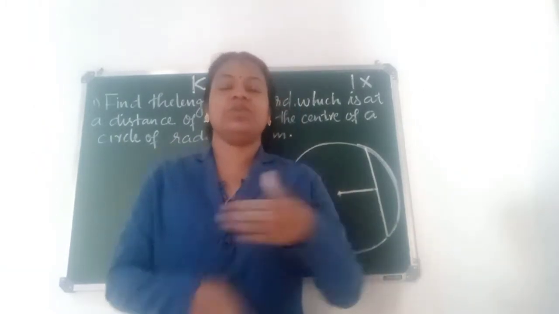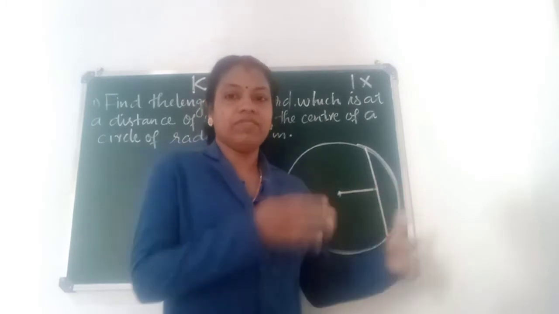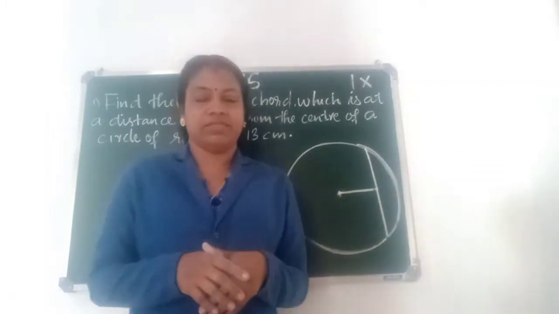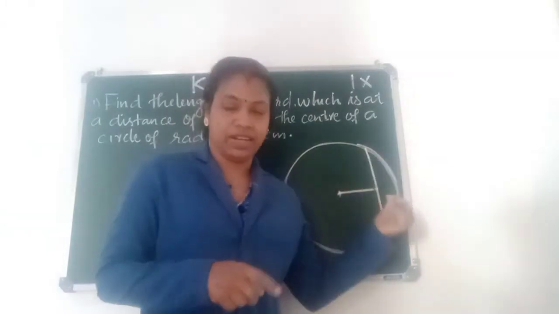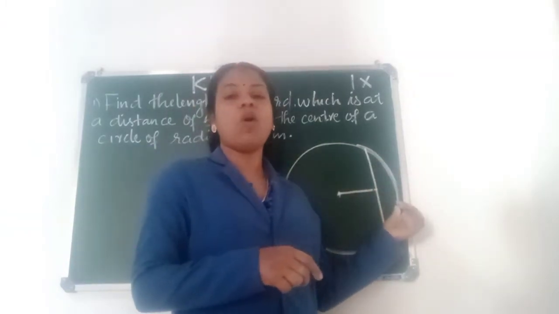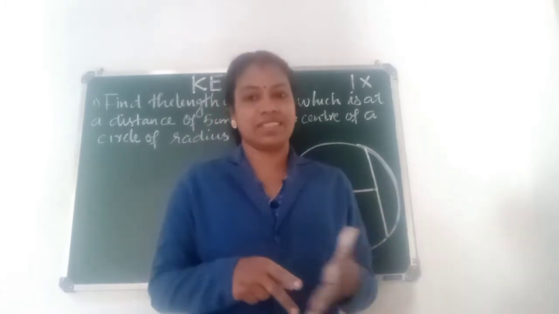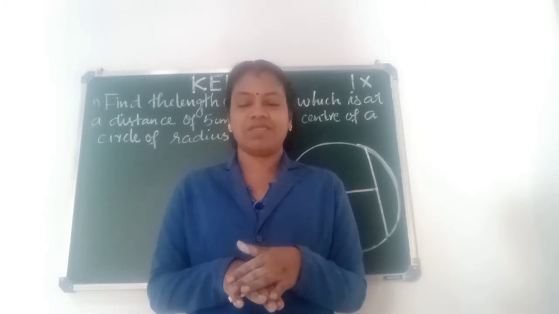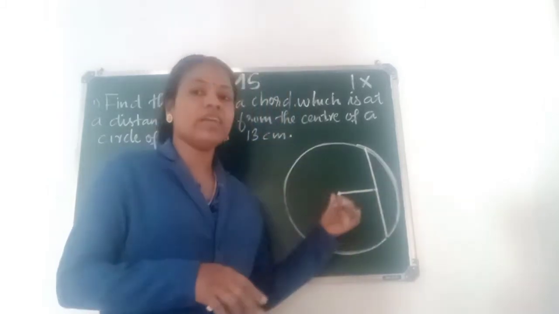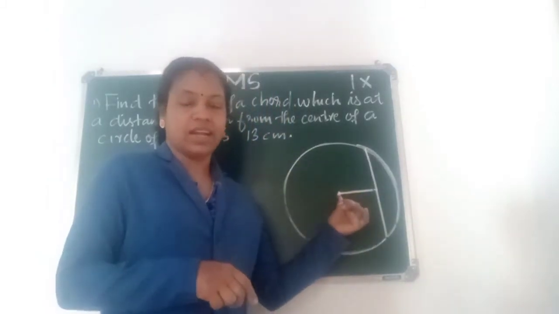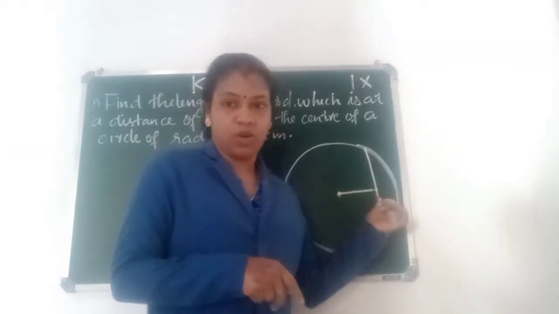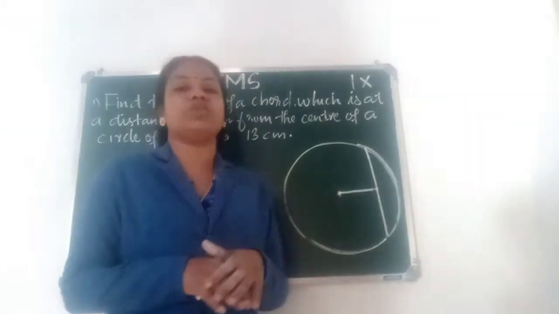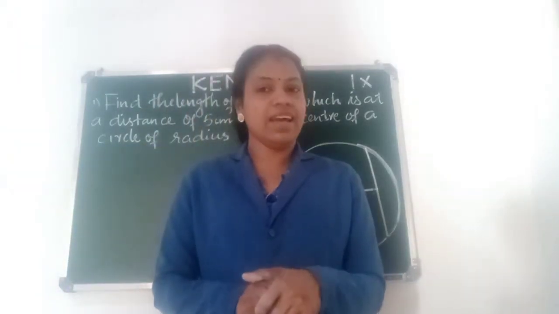Okay, let's try to reverse it. The line joining the center of a circle to the midpoint of a chord is perpendicular to the chord. That is the converse. Clear?